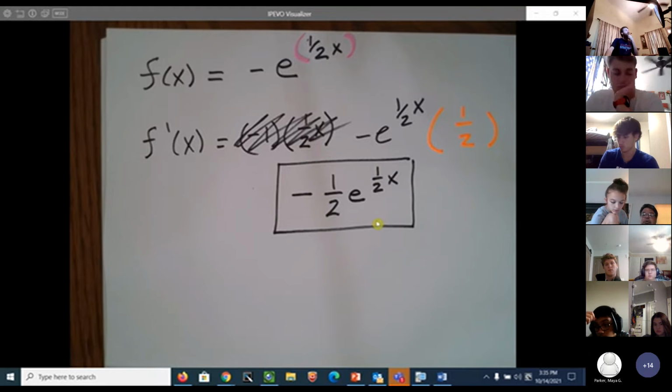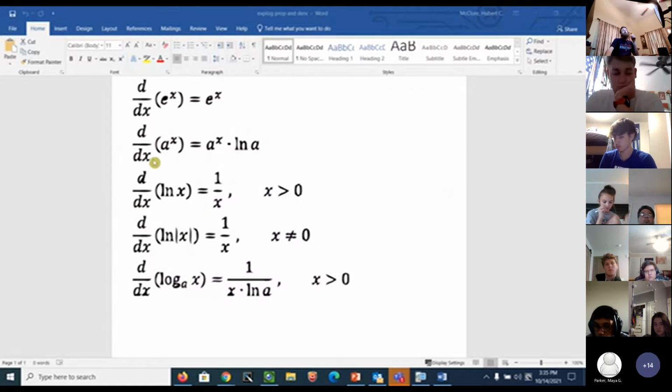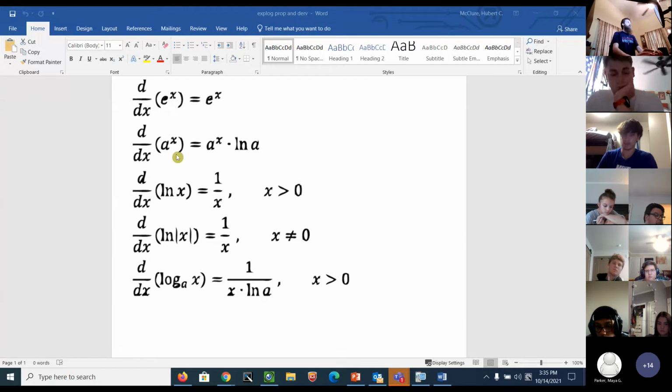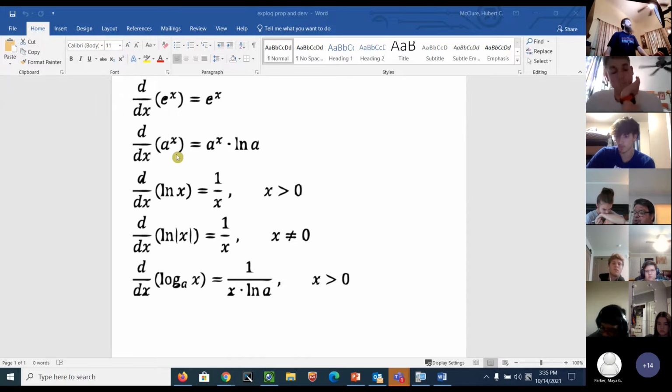Okay, now let's look at a power. Here is an example of a power. F of x is equal to 2 to the x. That's what it'll look like.